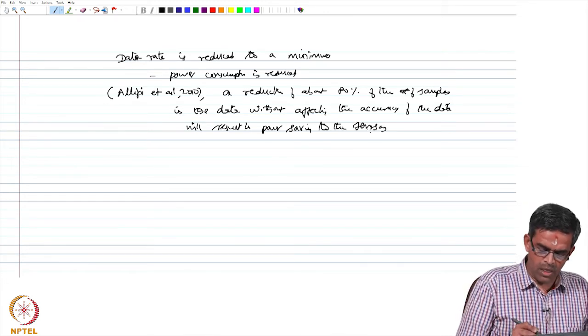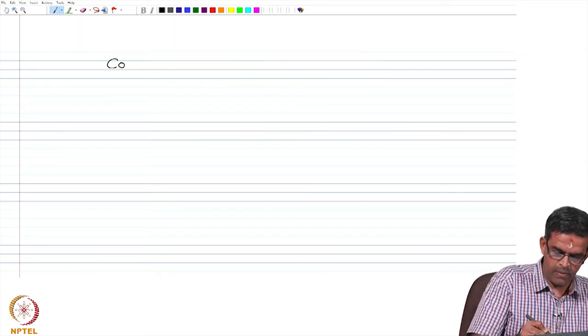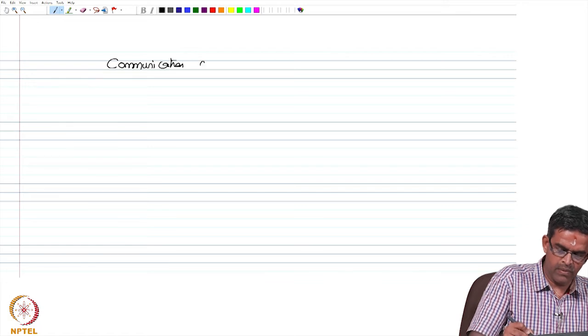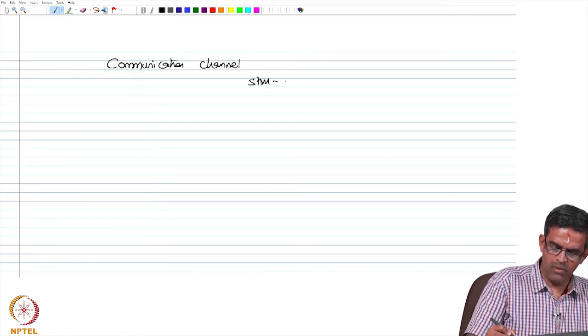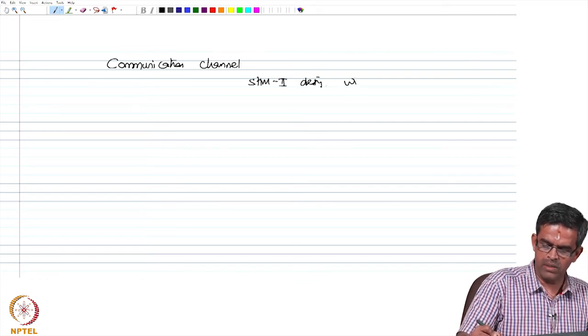Then we talk about the communication channel in the design. In the present SHM 2 design, we are using a wireless communication channel.